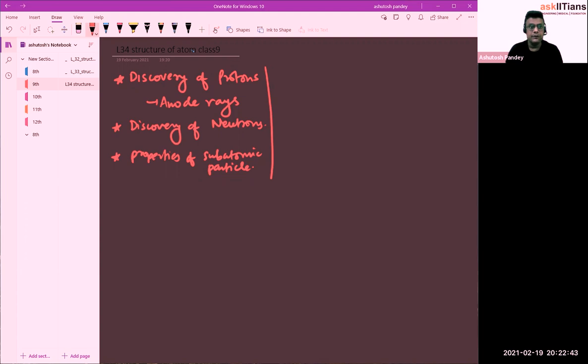So first let's see. We already know the setup of the cathode ray experiment, and on the basis of this cathode ray experiment, a similar arrangement is made, but now with a perforated tube.